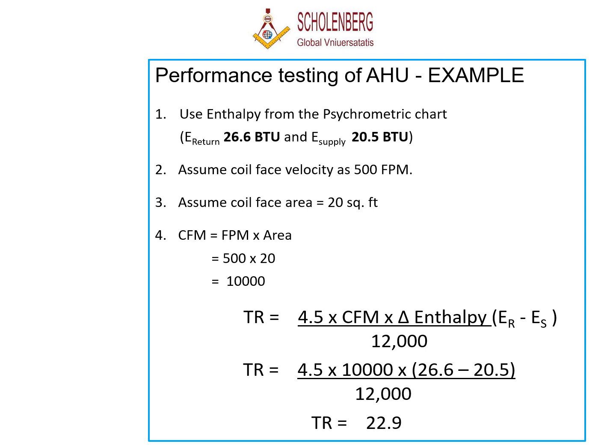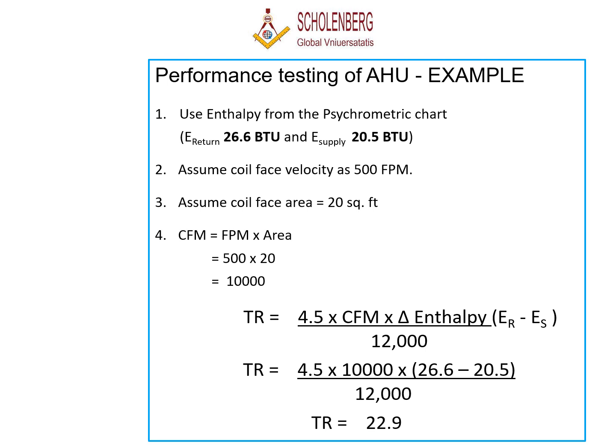Performance of AHU, example. 1. Use enthalpy from the psychrometric chart. Enthalpy return equals 26.6 BTU and enthalpy supply equals 20.5 BTU. 2. Assume coil face velocity as 500 fpm. 3. Assume coil face area equals 20 square foot. 4.